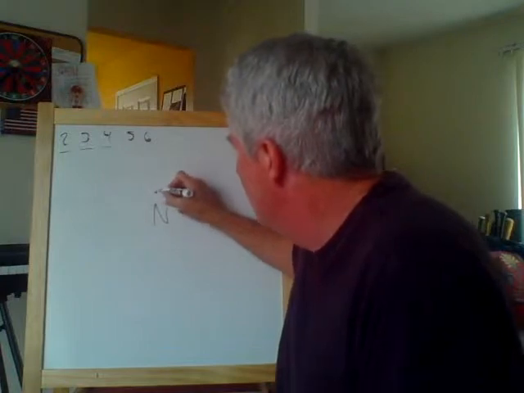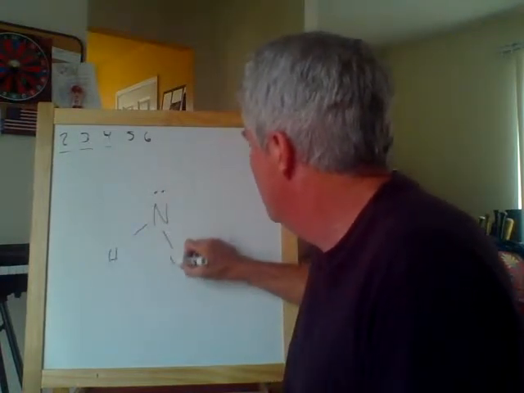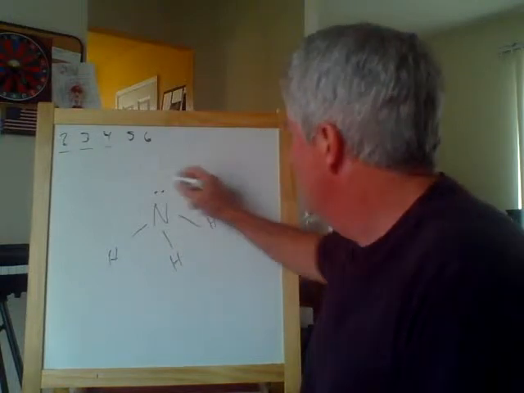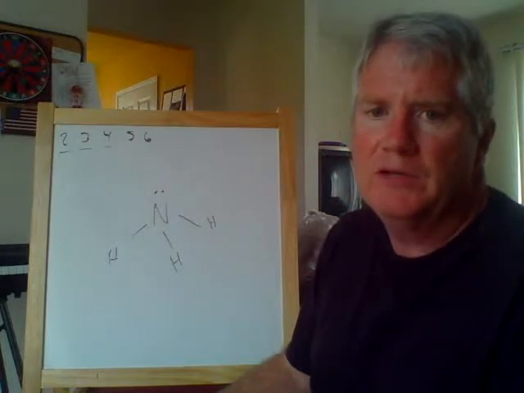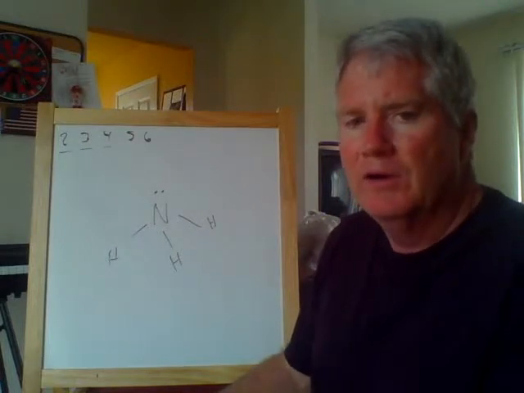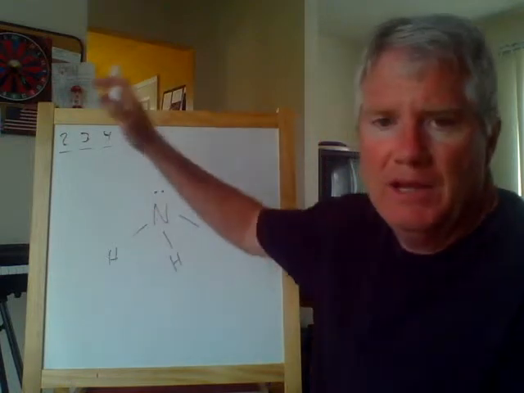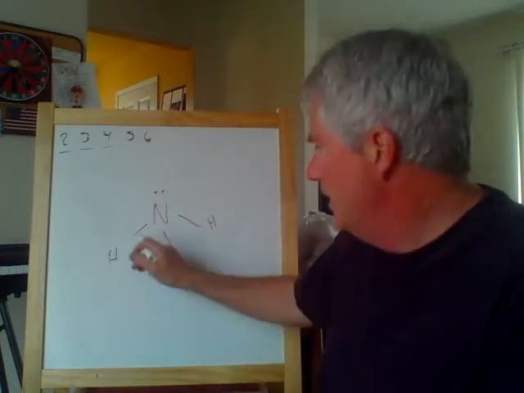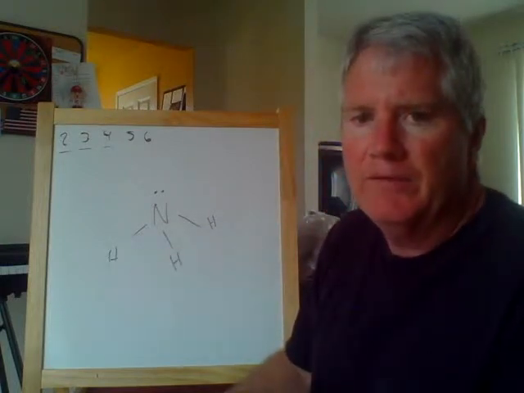Ammonia has an unpaired electron pair with 3 H's. And so from an electron pair standpoint, they form basically a tetrahedral as well. However, unlike methane and carbon tetrachloride, the bond angle between the hydrogens is less than 109.5 degrees.